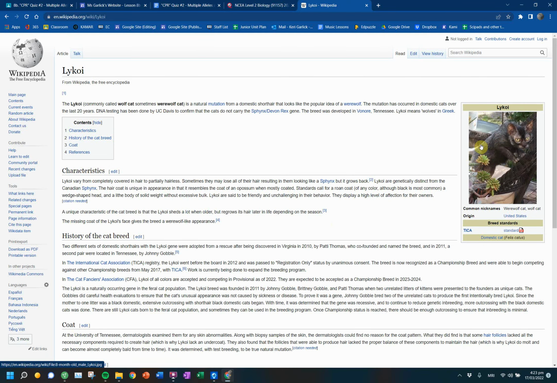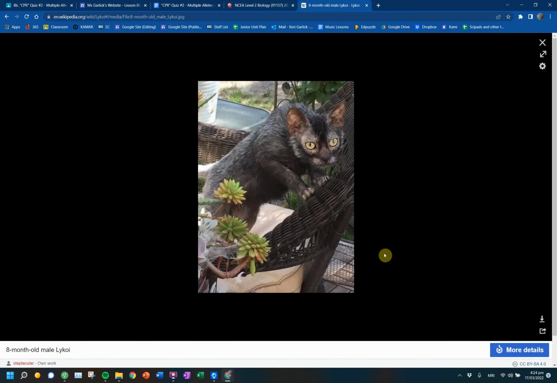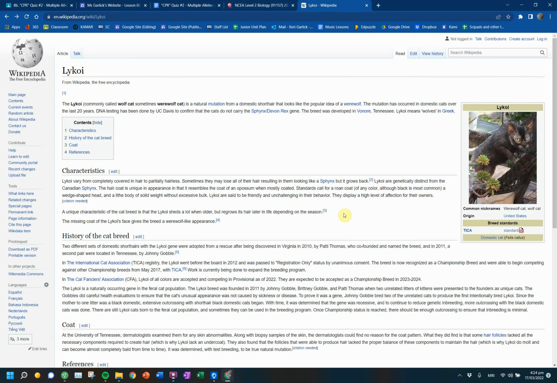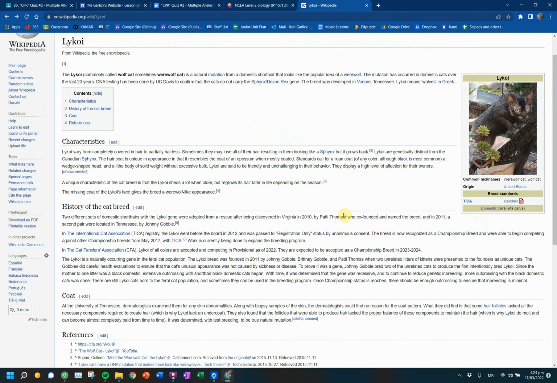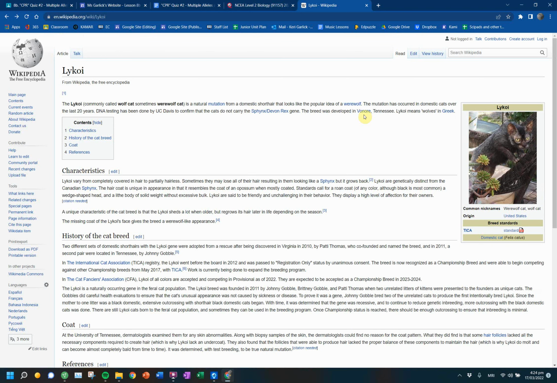This is a newly discovered domesticated cat, a mutation that has occurred over the last 20 years. Basically this cat gave birth to kittens that looked like little werewolves, and then they kept breeding that because they thought, that's pretty cool. It looks like a werewolf. I just thought it was neat to show you a recent mutation.